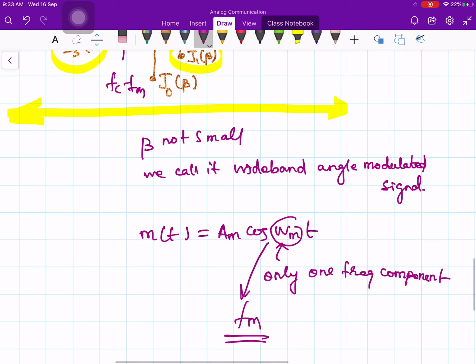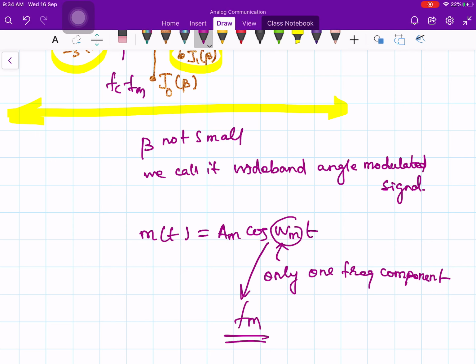So even though your modulating signal contains only a single frequency component fm, your modulated signal has a very large bandwidth. It doesn't matter whether your modulating signal has a single frequency or multiple frequencies. When you do frequency modulation, the modulated signal has a large bandwidth.